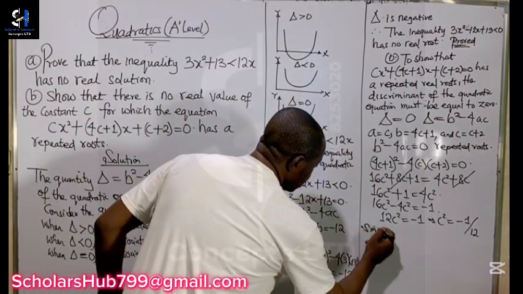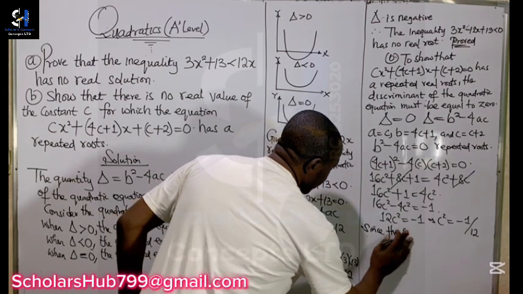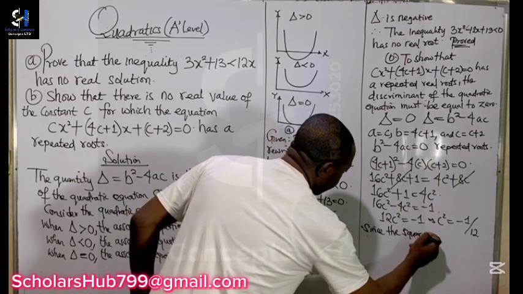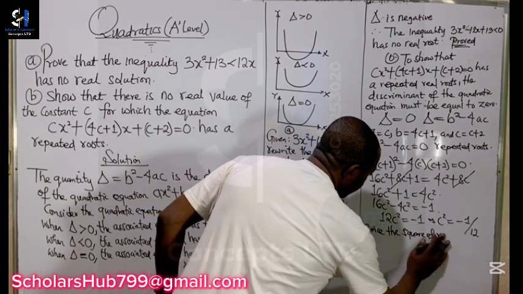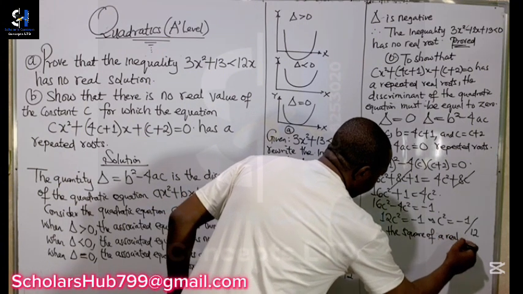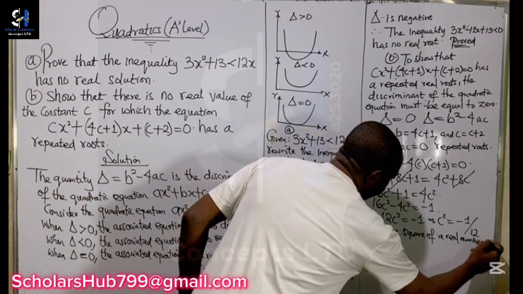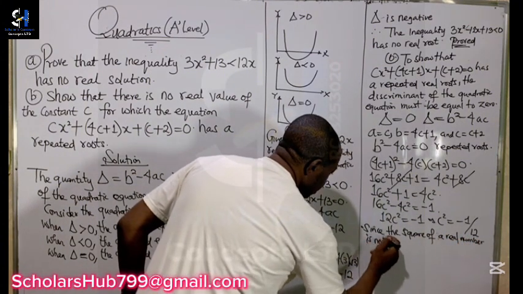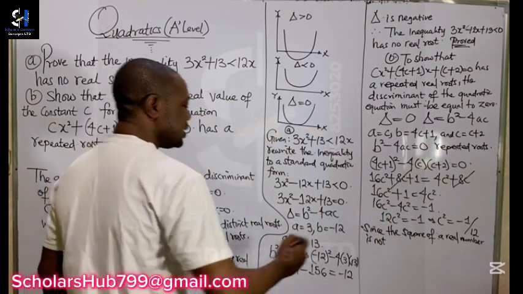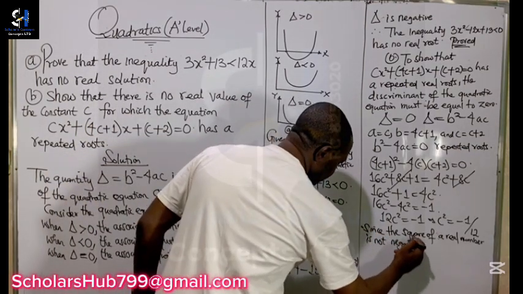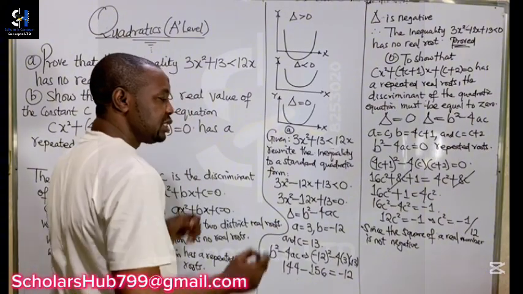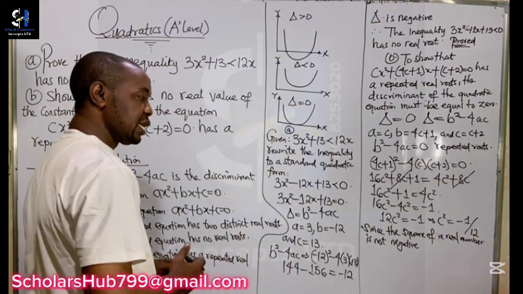since the square of a real number is not negative, but in this case the value of c squared is negative.